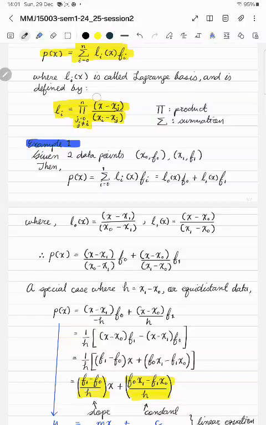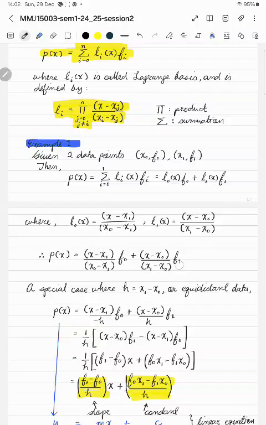And if you go again by the definition of the Lagrange basis, you have x minus x1 divided by x0 minus x1, and L1 is from x1 minus x0, again not the same subscript i, and x minus x0.